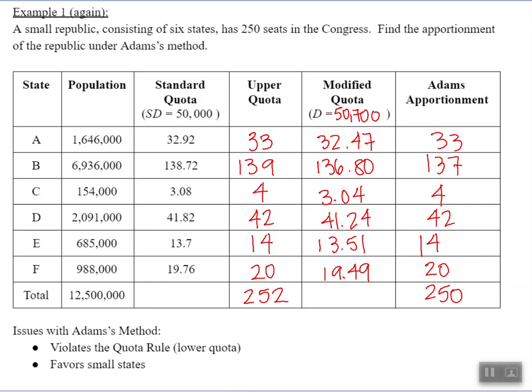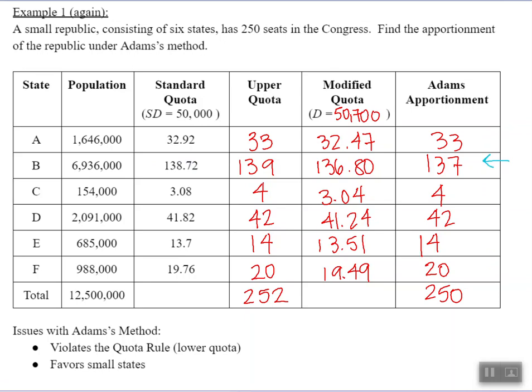But there are some issues with Adams method. If you look here, again, state B. The standard quota for state B was 138.72. So state B should either get 138 or 139 seats. It gets 137, which is lower than its lower quota.